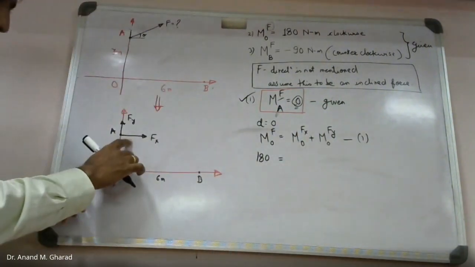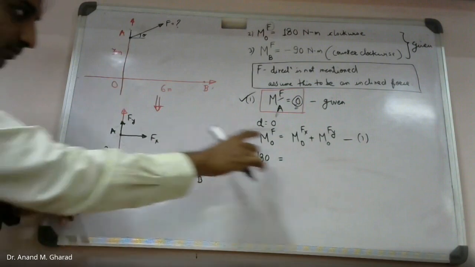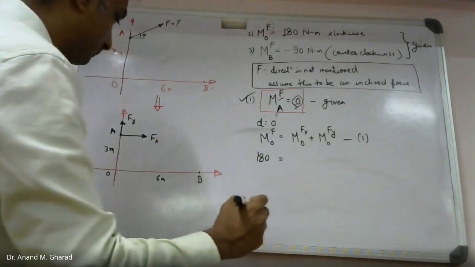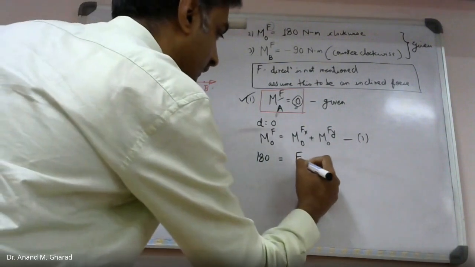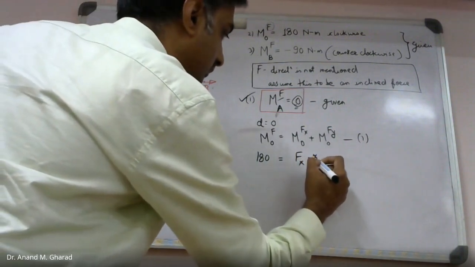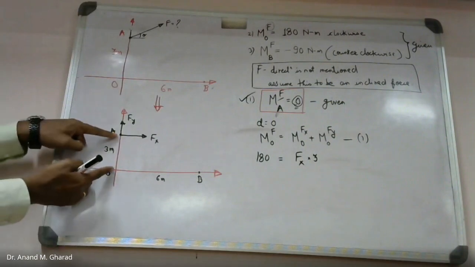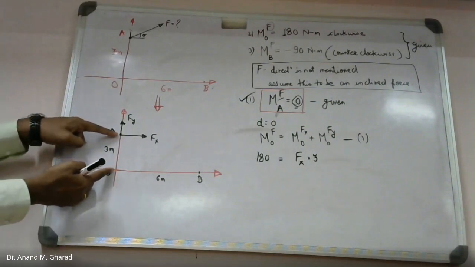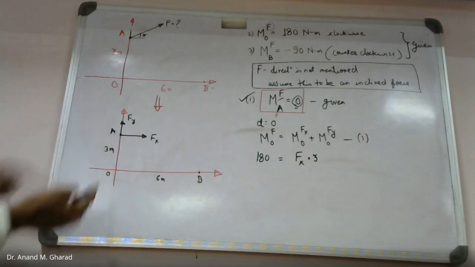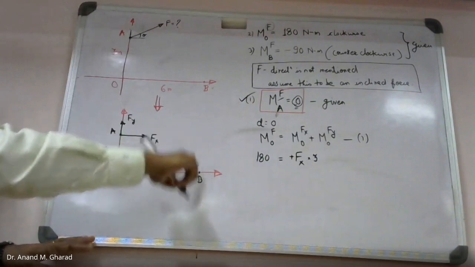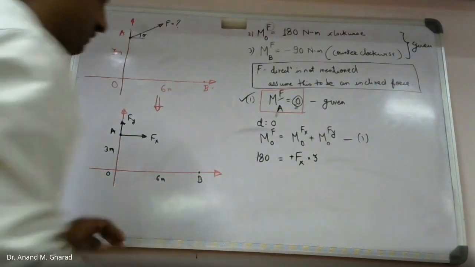Now, based on our assumption, the moment about point O due to Fx, what should be the value? Fx into 3, am I right? Correct? Similarly, the direction will be positive because it is rotating in the clockwise direction.